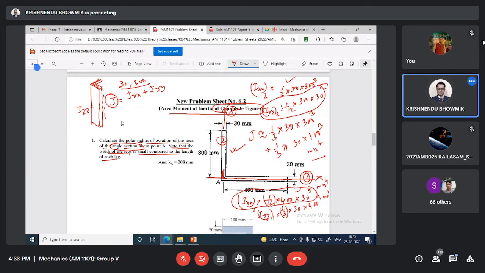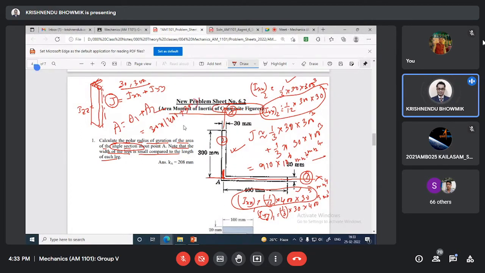Now what is the total area? A1 plus A2. If I use these summations, J is 910 multiplied by 10 to the power 6 millimeter power 4, and A1 plus A2 is 30 multiplied by 400 plus 300.